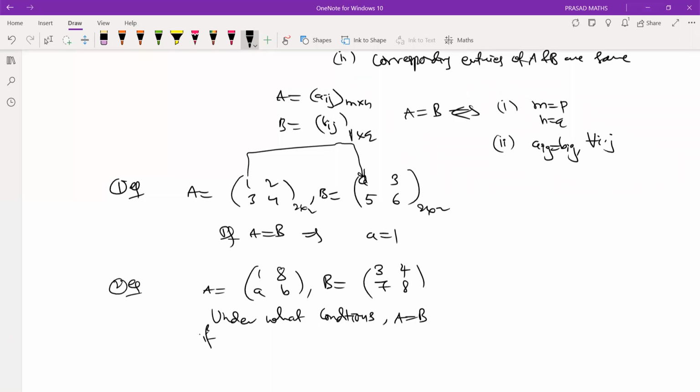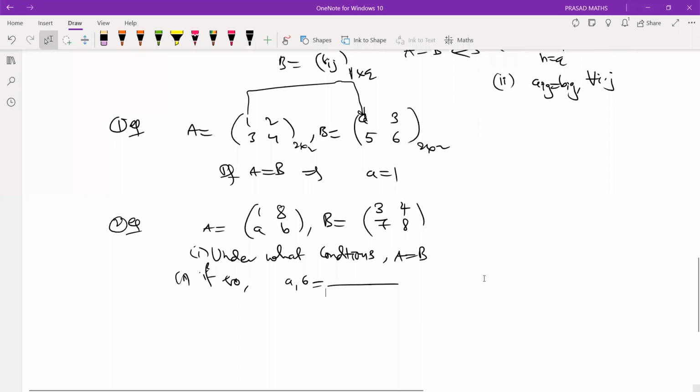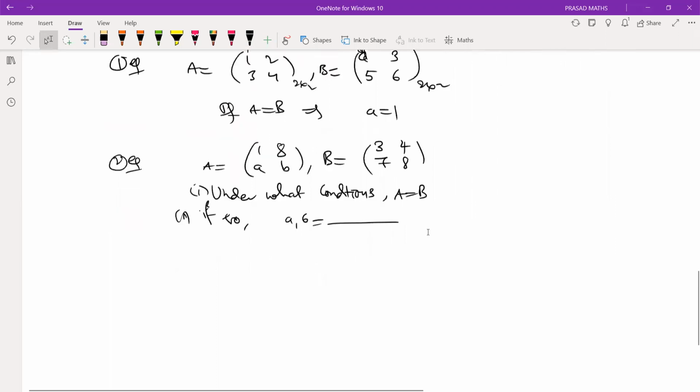That is my first question. Second question, if they are equal, what are a and b? My question is, under what conditions are they equal, and if so, what are a and b? Anybody?